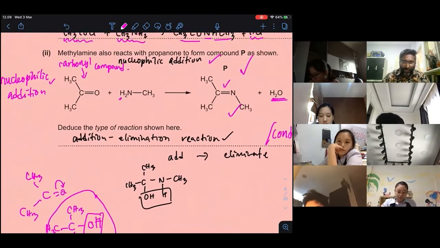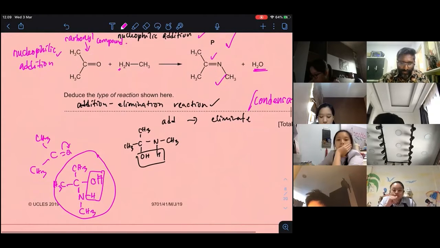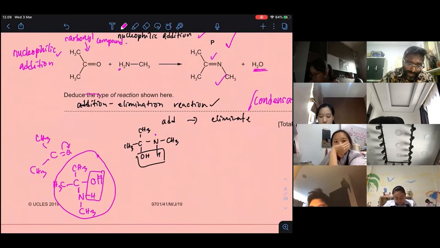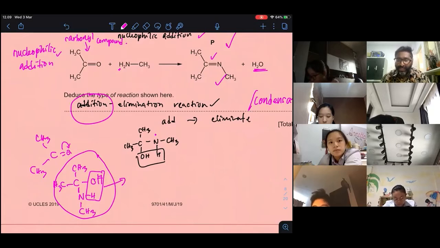So here, what type of reaction is happening? Number one, because a new bond is being formed with the nitrogen compound, that is going to be addition. And the last one, when I'm removing water, rather than saying it's condensation, you can just put it as elimination.